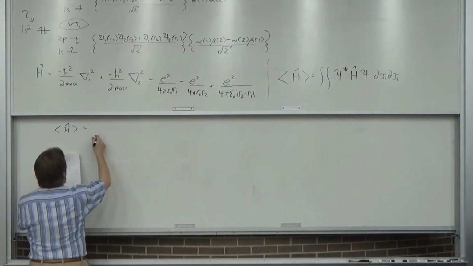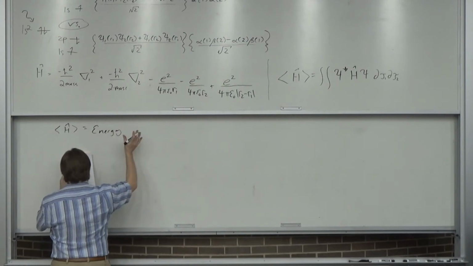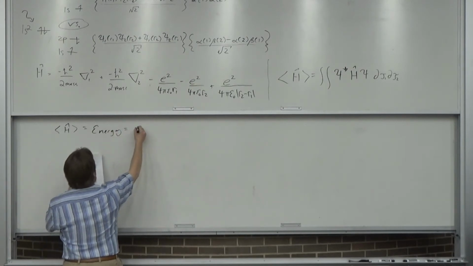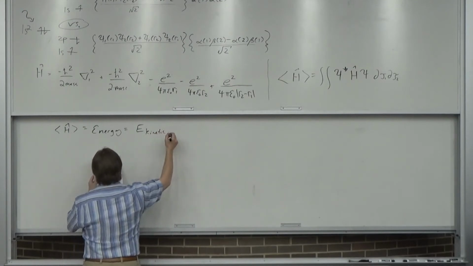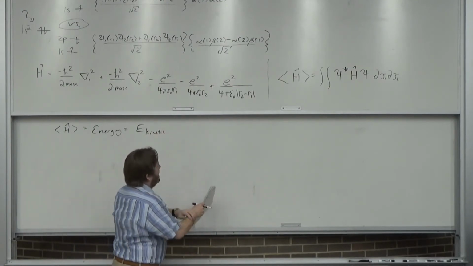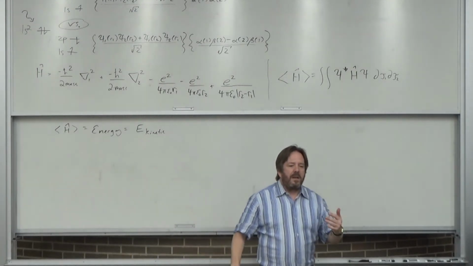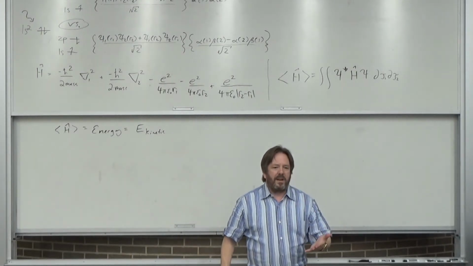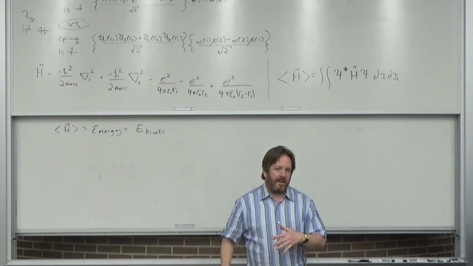Okay, so of course the expectation value of the Hamiltonian is the energy by definition. And what it's going to turn into is a kinetic energy. And you know, we've done that. The way that I've done this is it'll be the kinetic energy of a hydrogen electron for the first one, plus the kinetic energy of a hydrogen electron, and that's from the second electron. So it's actually pretty understandable.